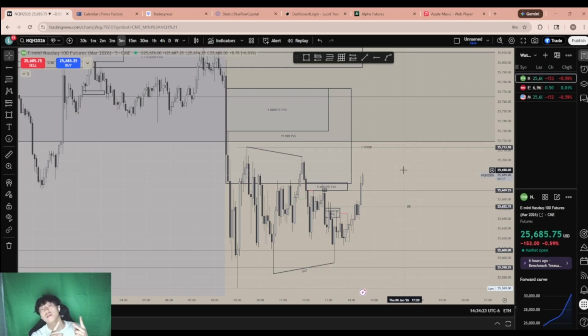Are you delivering from a liquidity pool, like a London low or session low, or equal highs, equal lows, new week opening gap, new day opening gap? These are just your confluences, and this is running up like a motherfucker, bruh.